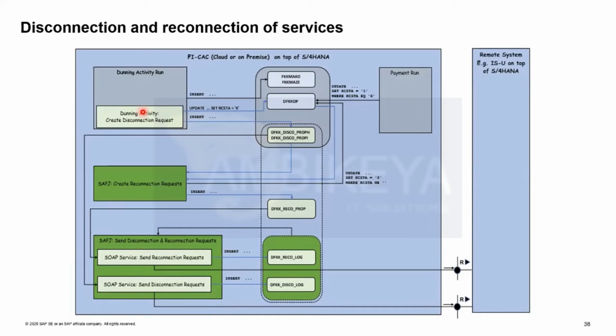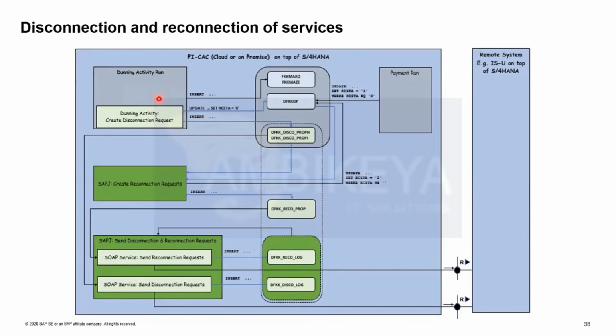So we have customers who have services like, for example, electricity. And when the customer does not pay the invoice, they automatically want to trigger that this electricity, or it can be other services as well, needs to be disconnected. And we are doing that. We offer functionality.